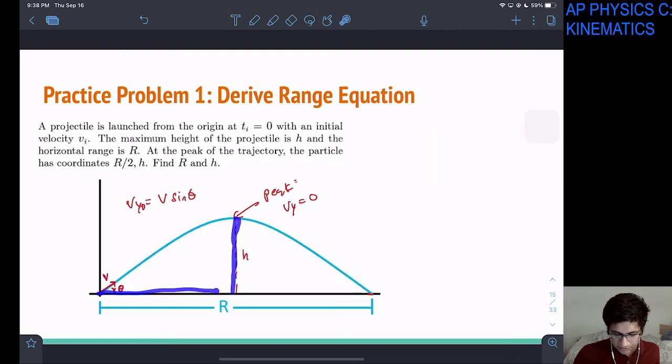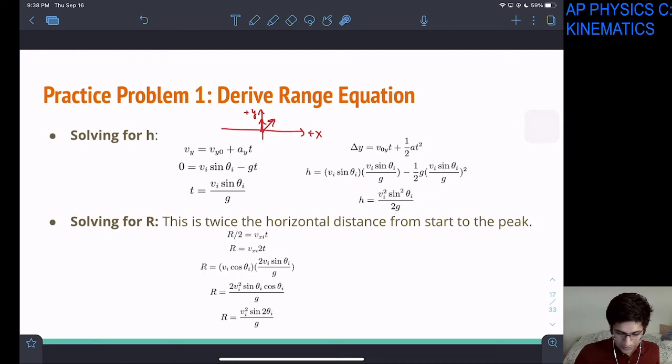So now we want to figure out r. And what are we going to do? Just to recap, we know how long it takes to get here. In our x direction, there's no acceleration, we have constant velocity. So all we're going to do is say that our distance traveled, which is r/2, is equal to our velocity times time. Or r equals, multiplying both sides by 2, our initial velocity, which is now cosine of theta, not sine, and then our time expression over here, and then a factor of 2.